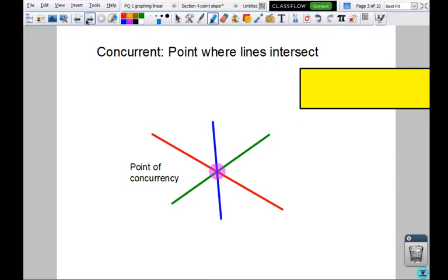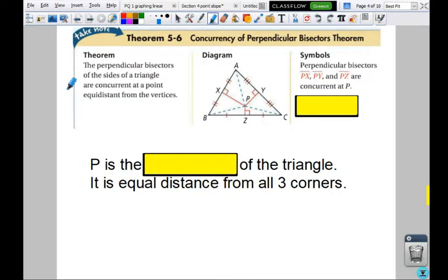So we're going to look at a point of concurrency, and this point of concurrency is from perpendicular bisectors. We talked about those yesterday. A perpendicular bisector makes 90 degree angles, and it cuts a side in half.